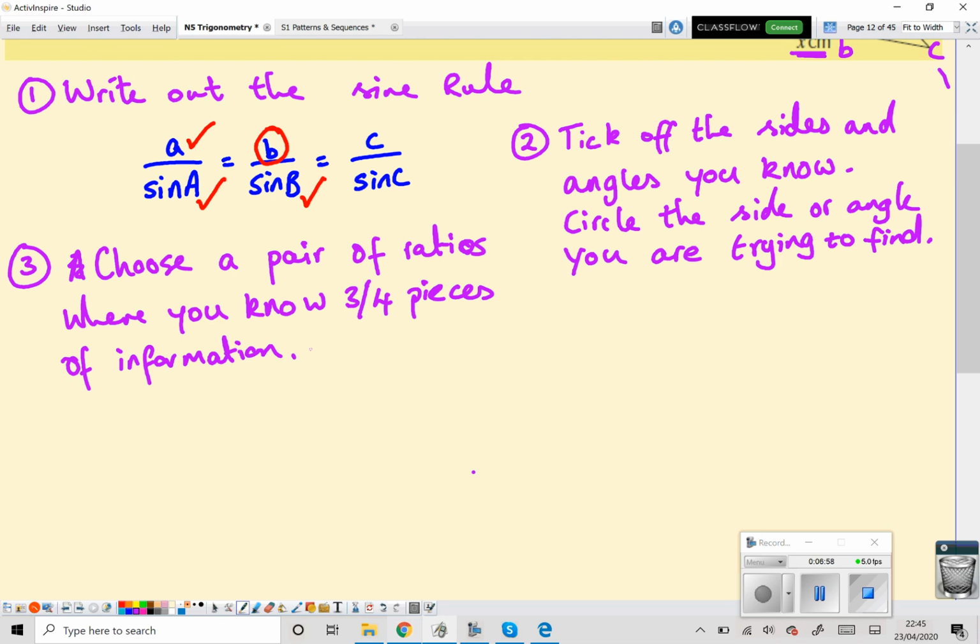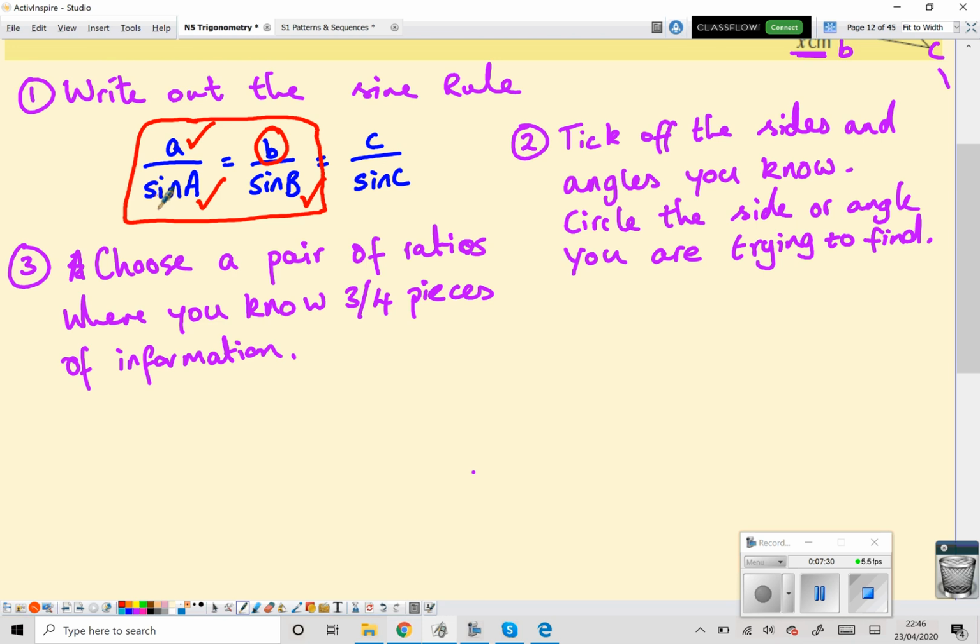So you don't have to use all 3 ratios, you would just use 2 out of the 3 ratios. And it's pretty obvious here that we're going to ignore C over sine C and go for this as our pair of ratios. And what we mean by knowing 3 out of the 4 pieces of information, well, there's 2 numbers in each ratio, one on the top, one on the bottom, and I know both of them in A over sine A. I know one of them in B over sine B, so that means that I know 3 out of the 4 pieces of information.